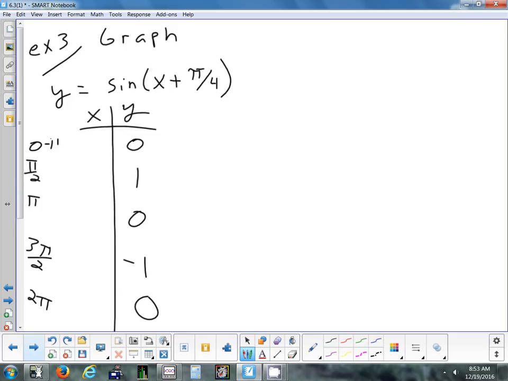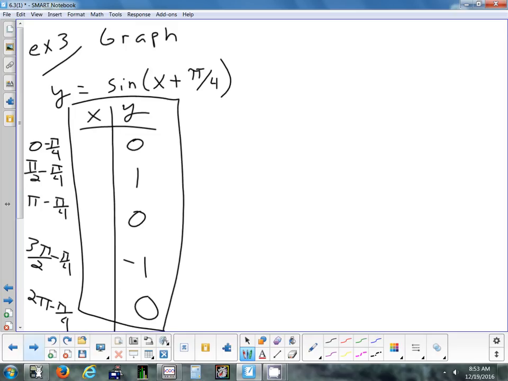I'm going to subtract pi over 4, all the way down. If you find common denominators, what you're going to get is negative pi over 4, pi over 4, 3 pi over 4, 5 pi over 4, 7 pi over 4. The pattern there is basically odd numbers in the numerator. But you can go ahead and find your common denominators, and it'll work out.